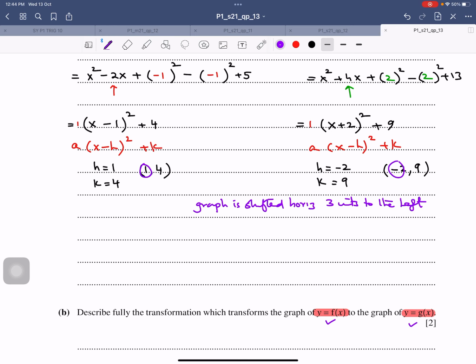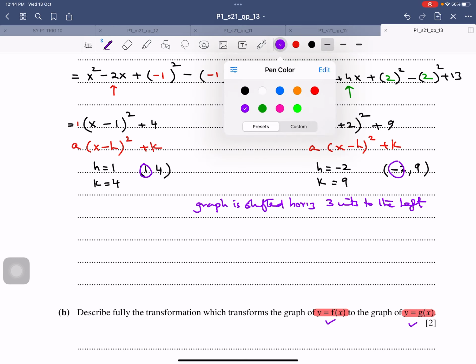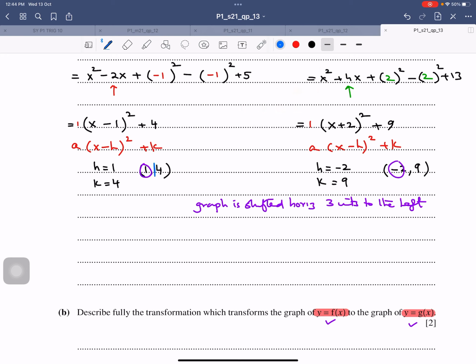That is the first thing that I've observed. What is the second thing? The y value 4 becomes 9. That means the graph is translated or shifted, but now it's vertical, 5 units up.